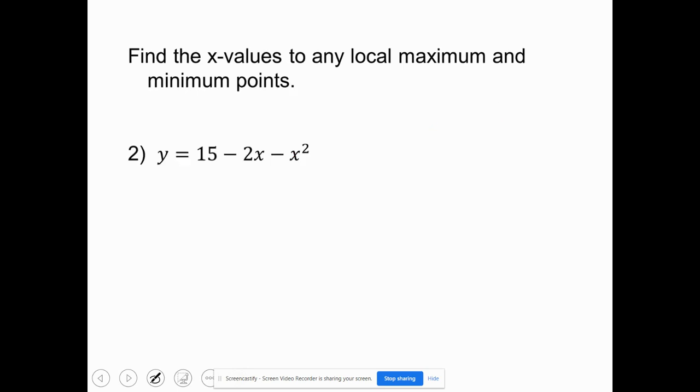Okay, second problem, same directions. Find just the x values to any local max or min points. First step, find the derivative. Why don't you go ahead, take 30 seconds, find the derivative to this equation for me.